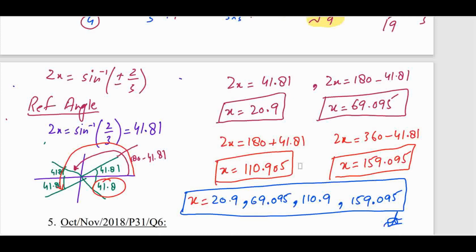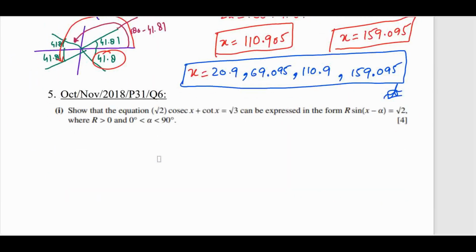So here all four of your answers are within the range, so that is why we cannot ignore any of these answers. I hope that the concept is clear. Let's move to the next question.